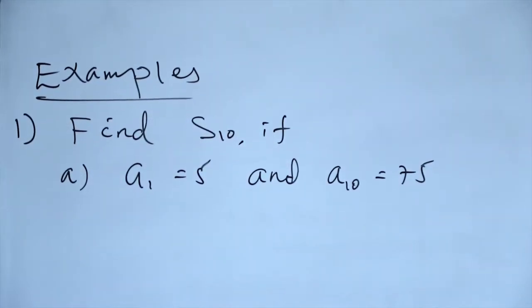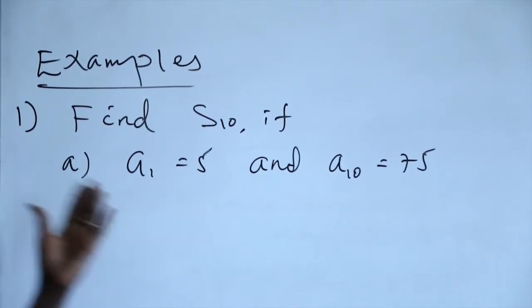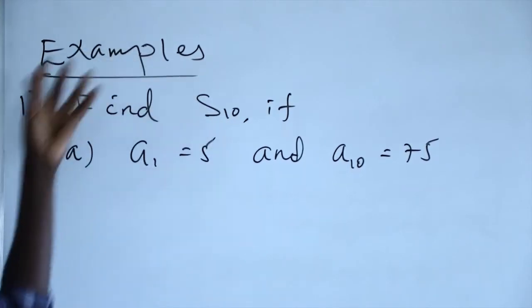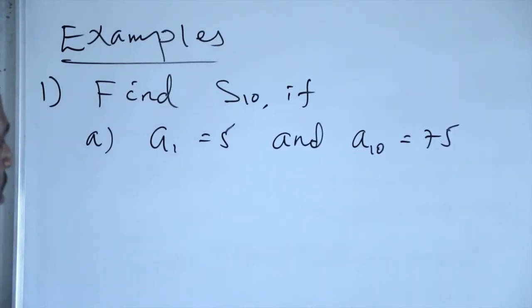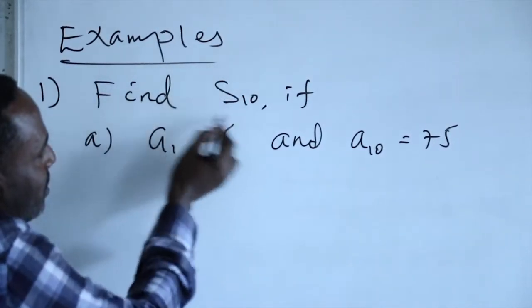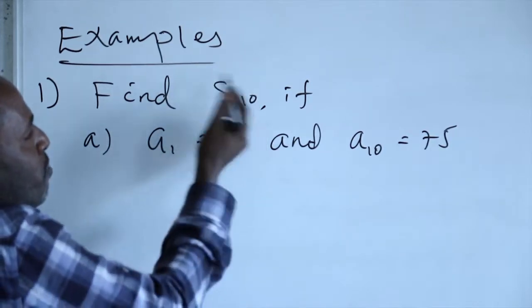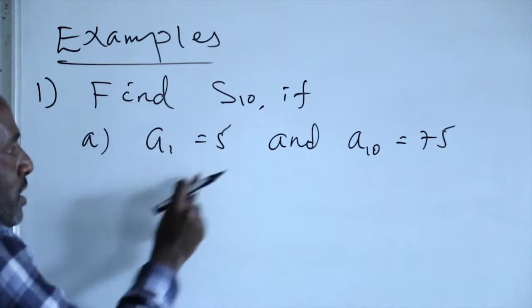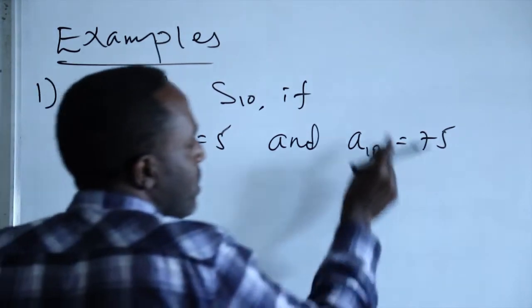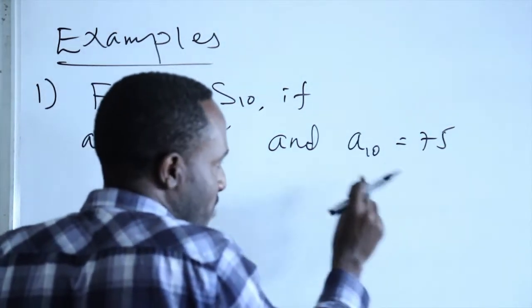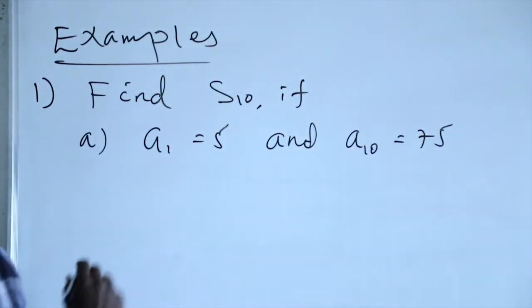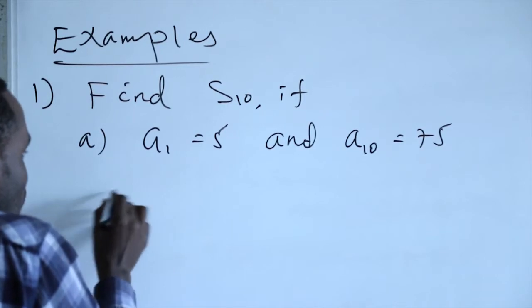Now to solve this, class, you first have to understand what the given quantities are and what the required quantity is. We are asked to find the sum of the first 10 terms of the given sequence, with first term 5 and last term, which is the 10th term, a10, equal to 75. So we must recall the formula Sn.